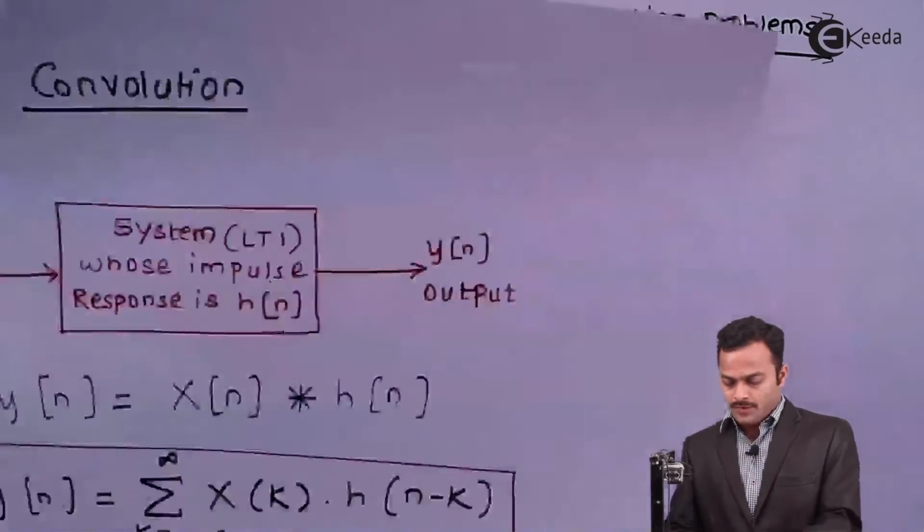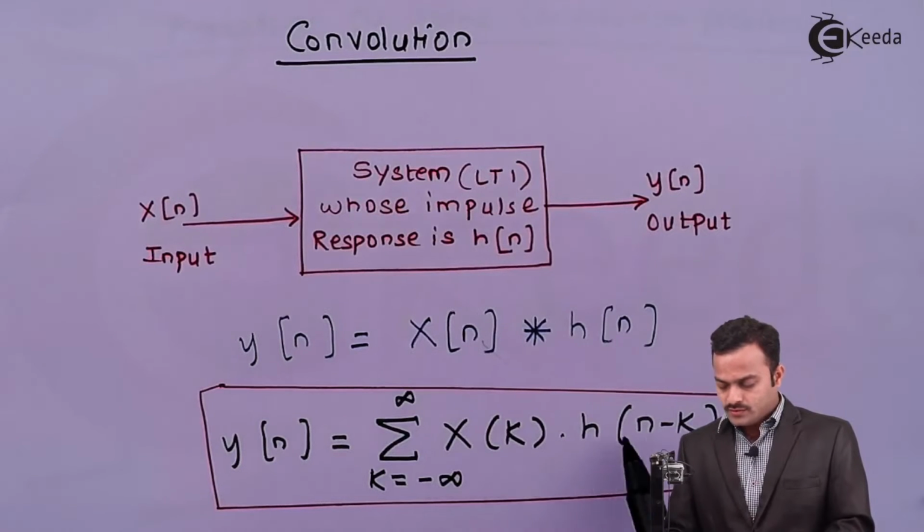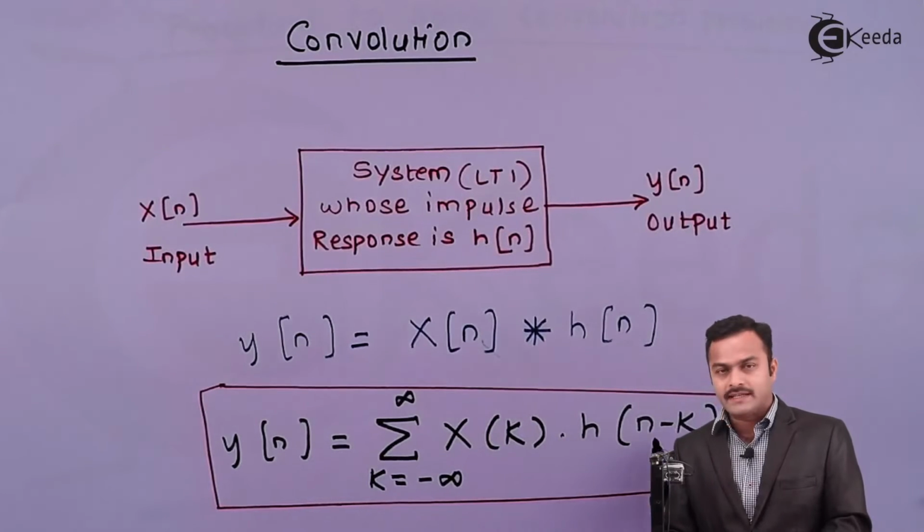So if you see properly, this is a convolution sum formula where two signals are getting multiplied. So I'll consider this as x of k, and another signal I will consider a shifted version of h of minus k.